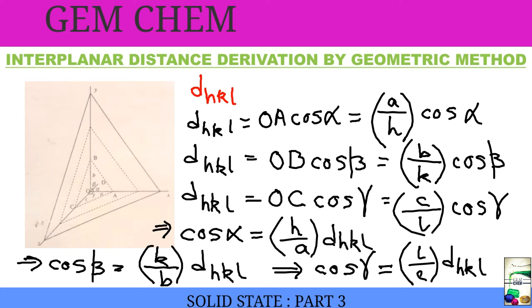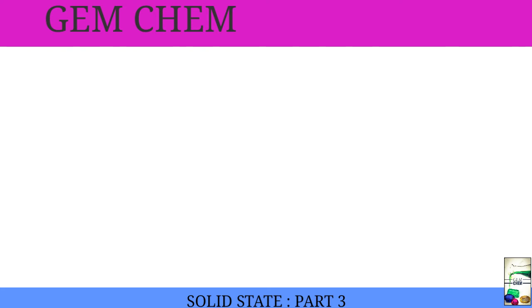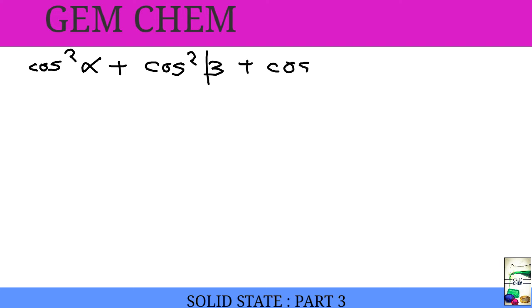We know that cos alpha, cos beta and cos gamma are the direction cosines of the perpendicular line, so they can be written like this: cos square alpha plus cos square beta plus cos square gamma equals 1.